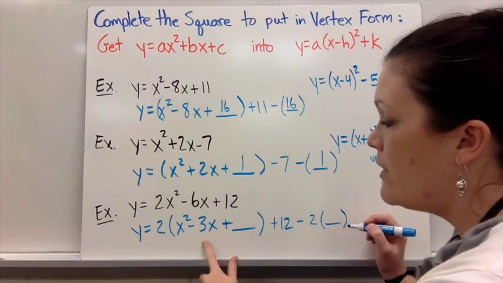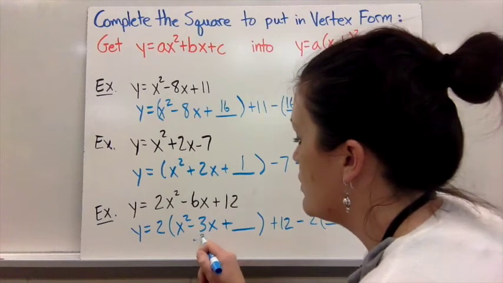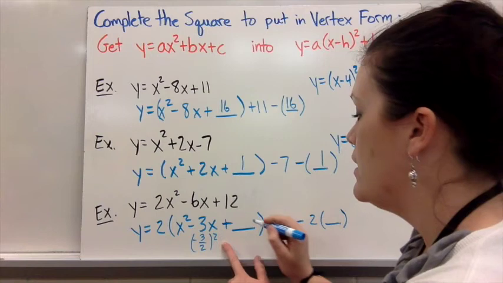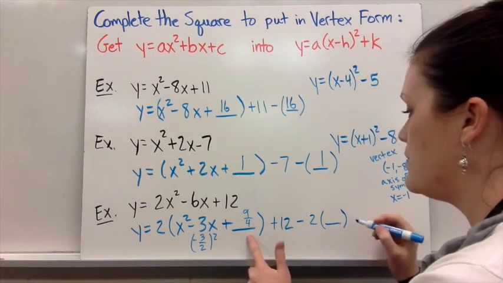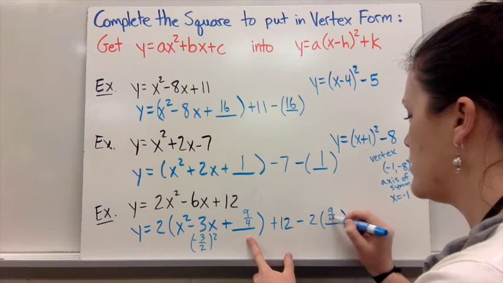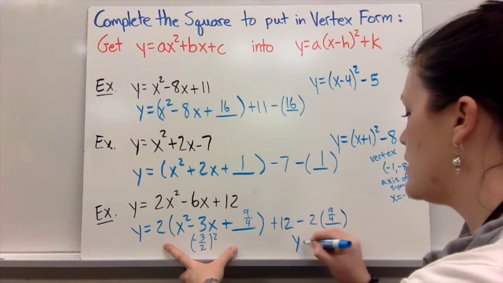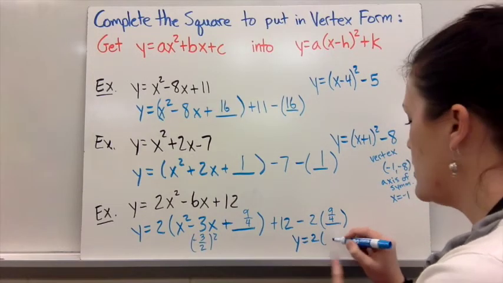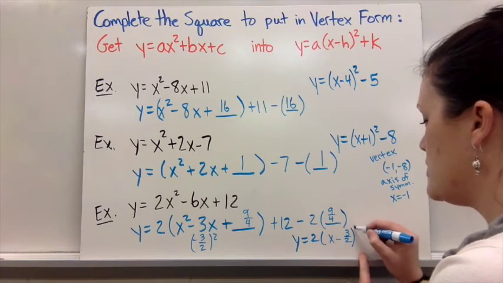So half of negative 3 is negative 3 over 2. And then when we square that, we get 9 over 4. So 2 times 9 over 4 is what we're going to take away. So let's rewrite the first part. We're going to write it in vertex form. So 2 times x minus 3 halves, squared, because half of b always goes there.